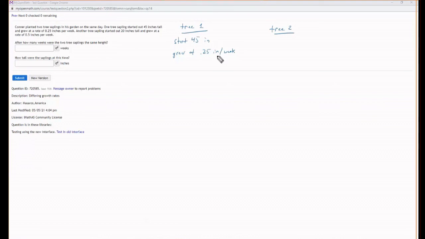Okay, so one of the ways that I could go through this problem is I could write an equation for this.